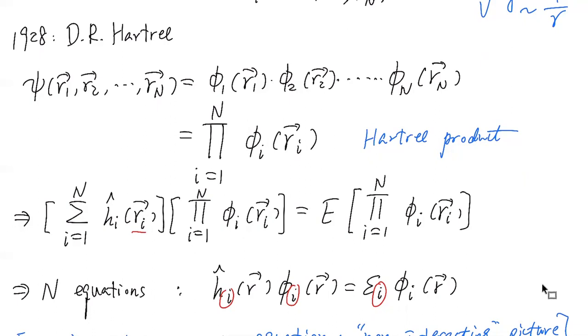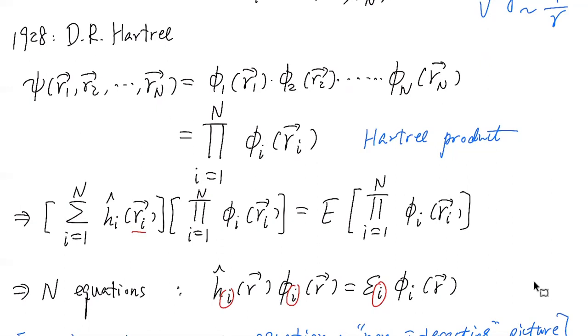This is your actual many-body wave function. But of course, at the time of Hartree, perhaps he didn't realize the spin is an intrinsic property of the electron, and that electrons are identical particles. So he writes this Hartree product, which is still a very important contribution historically.